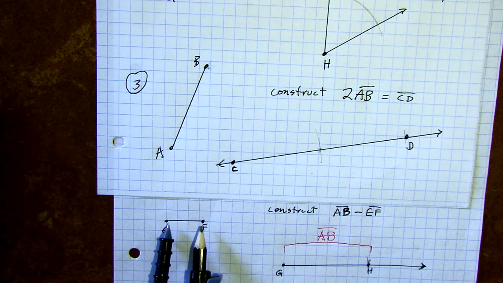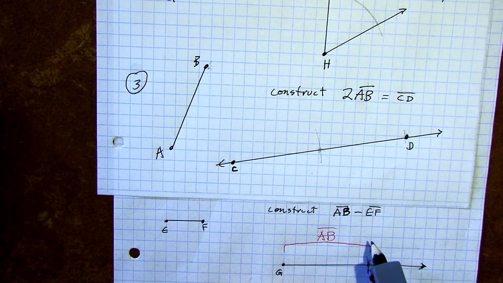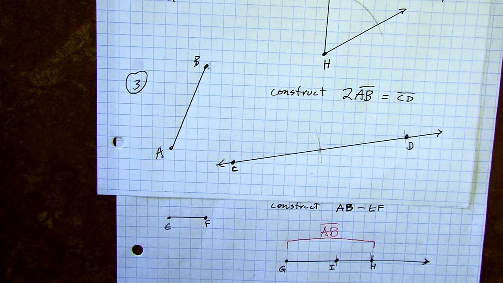So watch, go to EF, find that distance, right? And then from either H or G, just go ahead and make that little tick mark, construction mark, how we know how to do. We'll call that I, and then maybe I even want to label that HI is equal to EF.